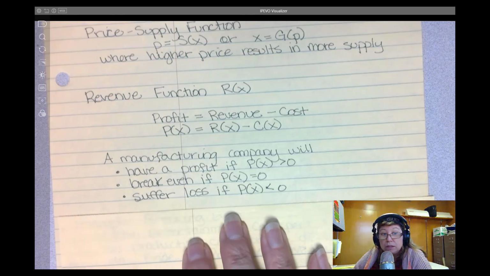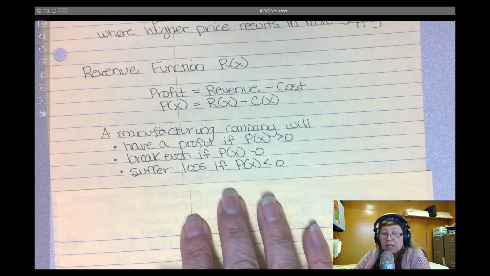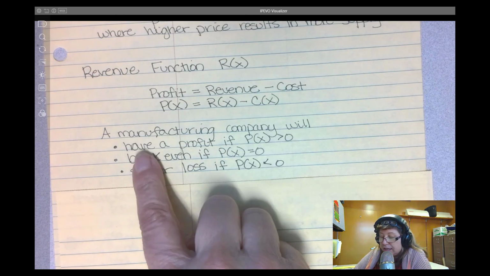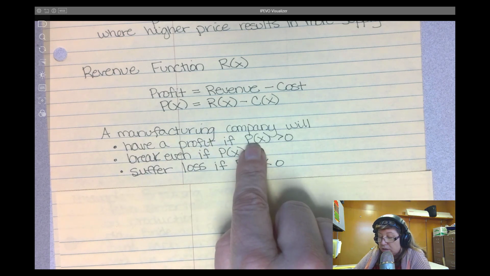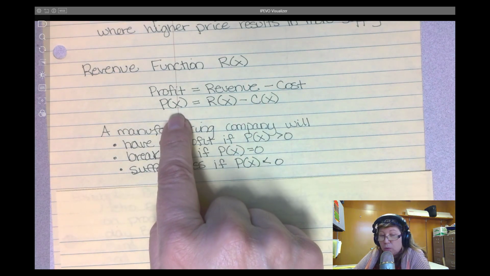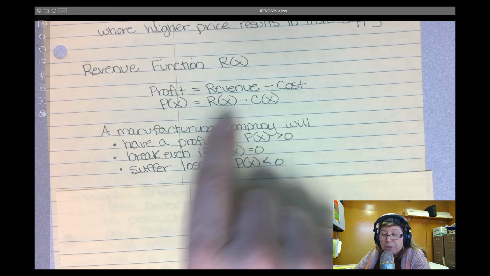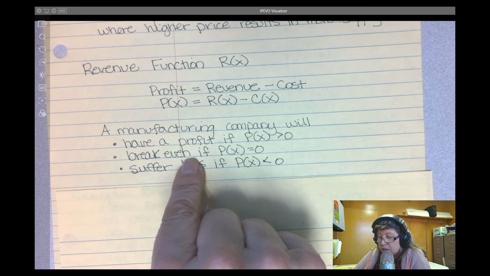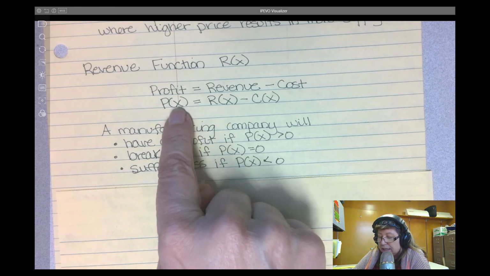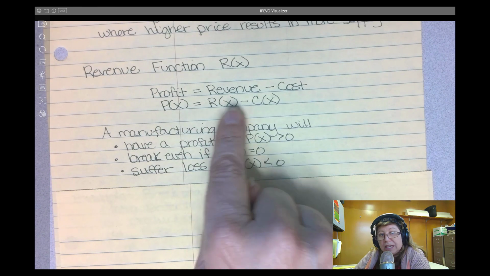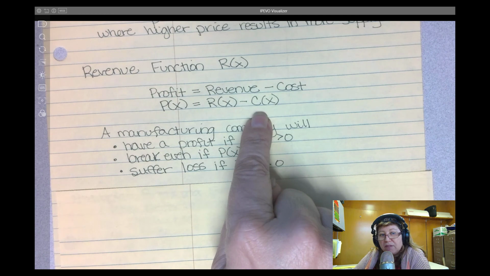Manufacturing company will take on one of three situations. To have a profit, well, your profit function has to be greater than 0. Your revenue has to be greater than the cost. To break even is when your P of X equals 0. That means your revenue equaled your cost. That's your break even point.